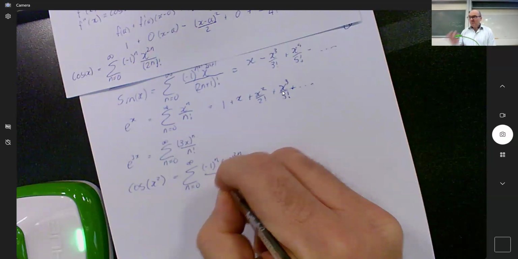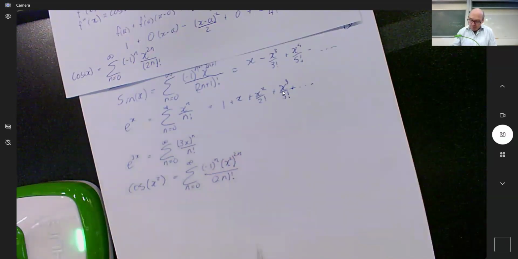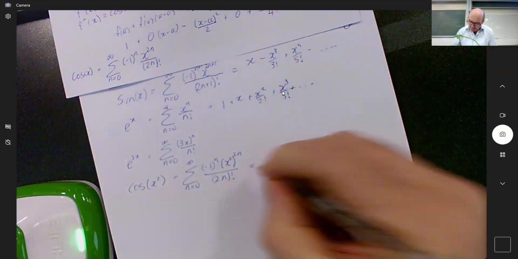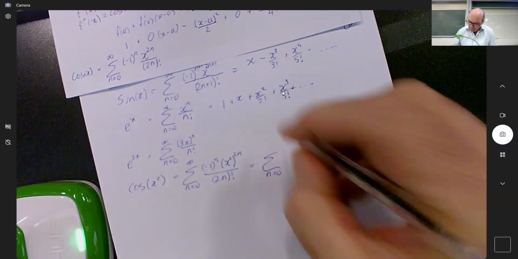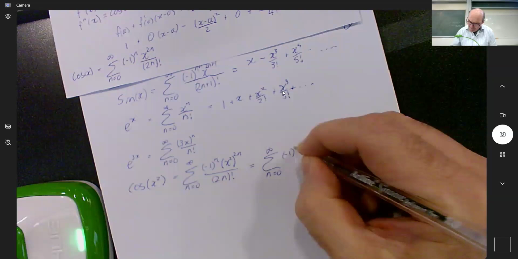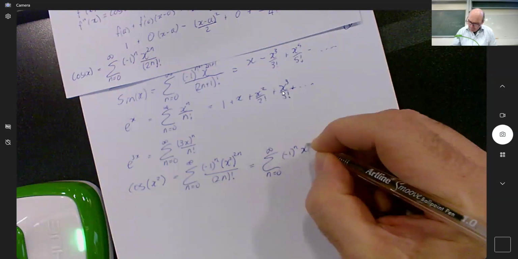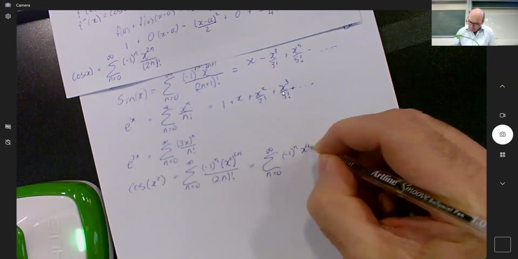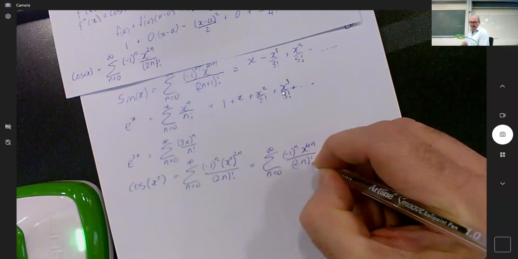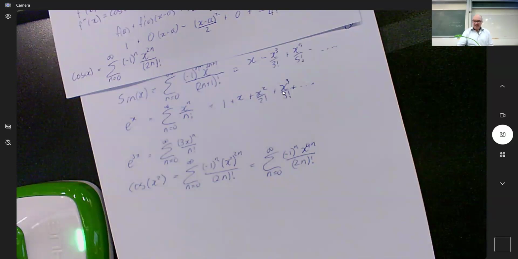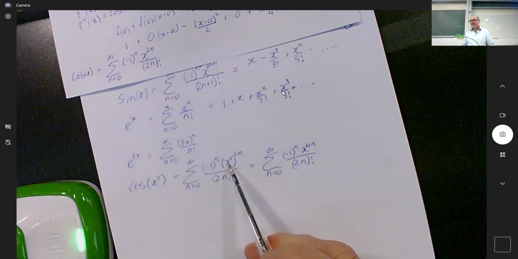This bit here I could expand, I could actually work out what that is. When I have something to the power of a power, I multiply those powers. Yeah, could do that.